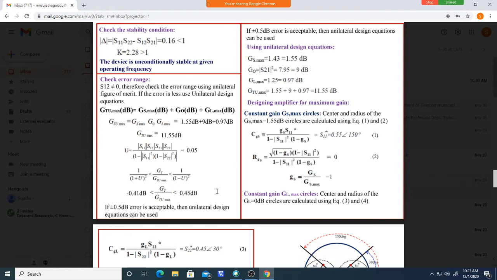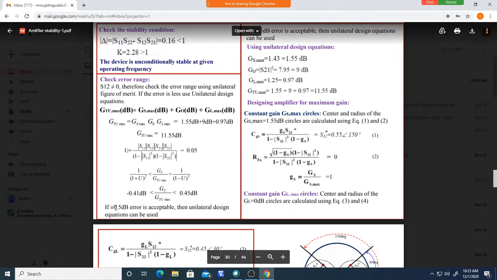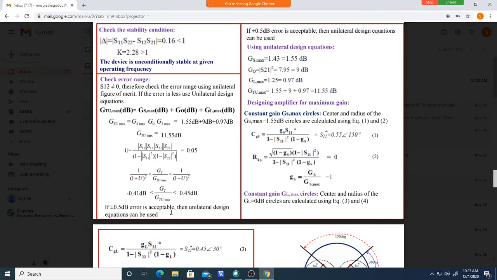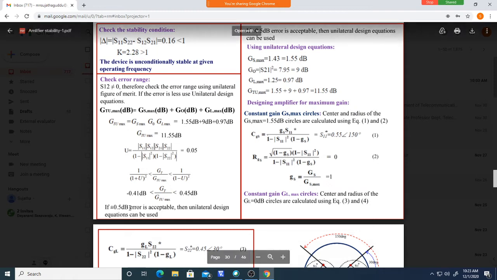You can use unilateral design if a plus or minus dB error is acceptable for that particular problem, based on the application. It is no problem, a 0.45 dB error is acceptable. So you can use the unilateral design equations.